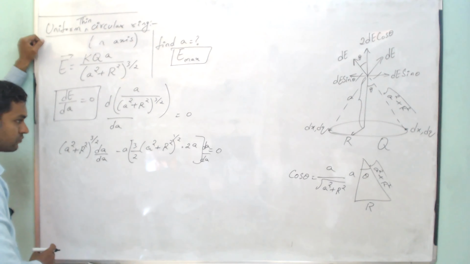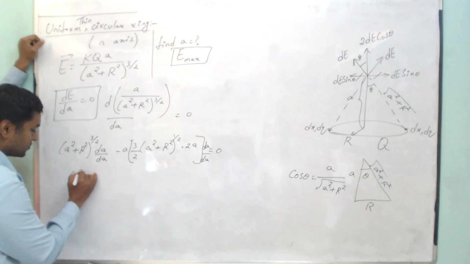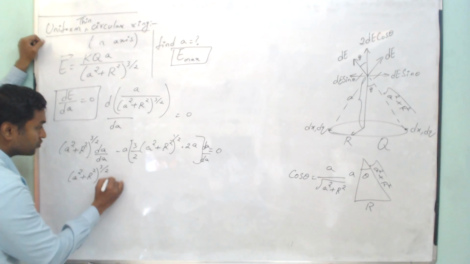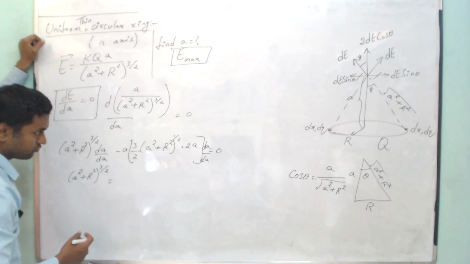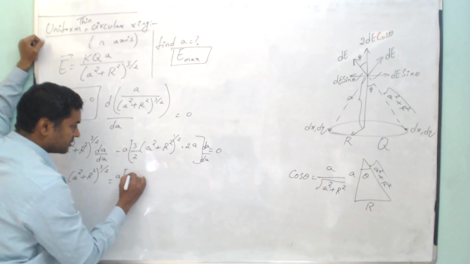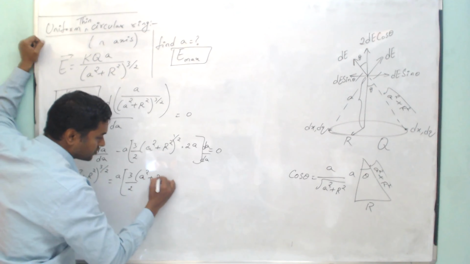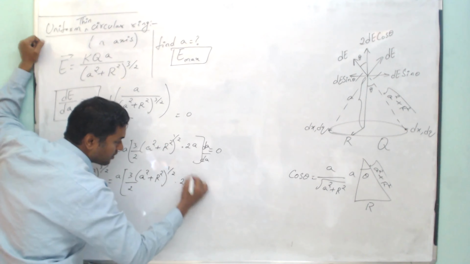So I will rewrite this. I have (a square plus r square) whole to the power 3 by 2 is equal to, taking this entire term over there, a times 3 by 2 (a square plus r square) whole to the power 1 by 2 into 2a.